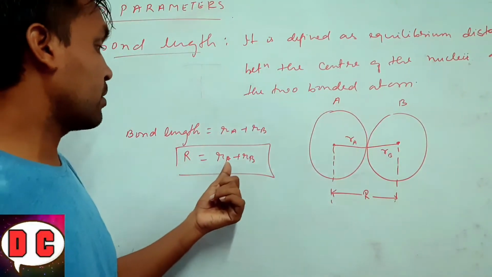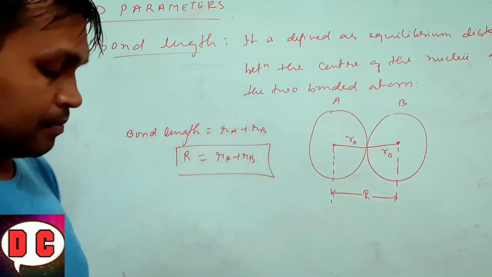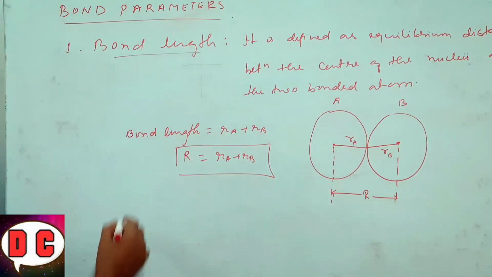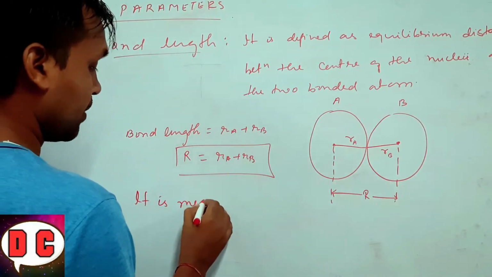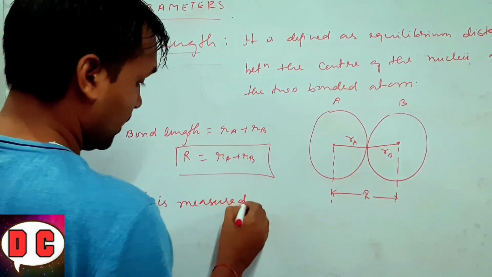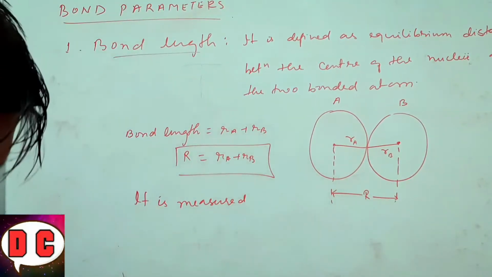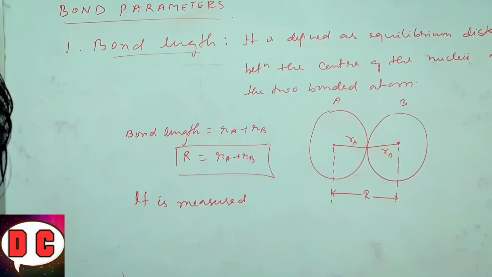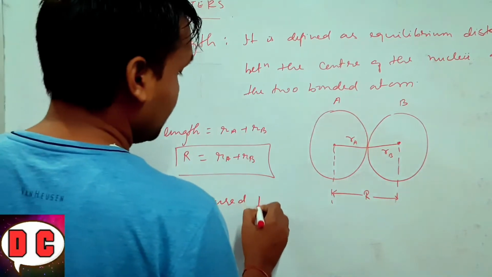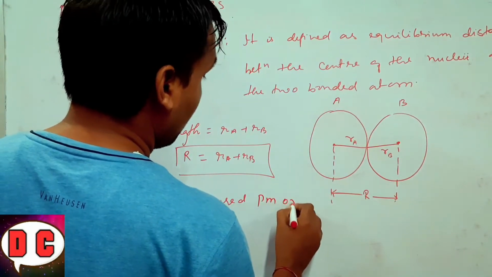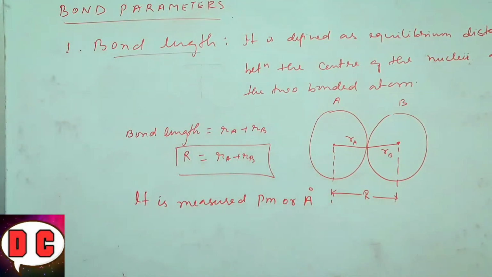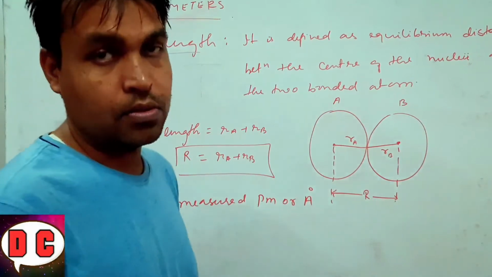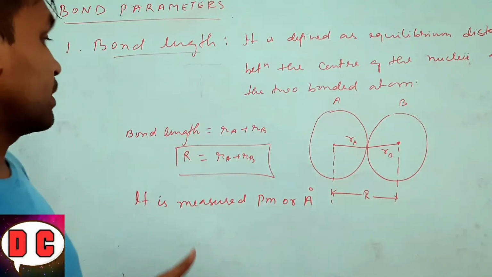So bond length equals RA plus RB, and we generally measure it in picometer or angstrom. The bond length unit is picometer or angstroms. Keep this in mind.